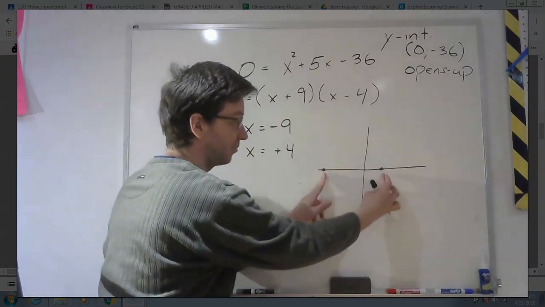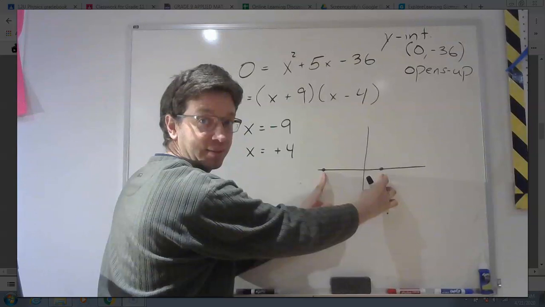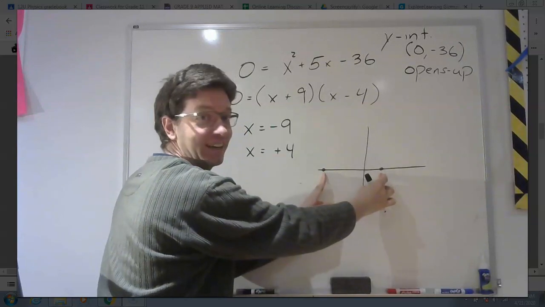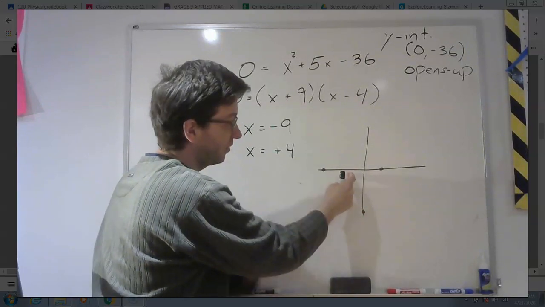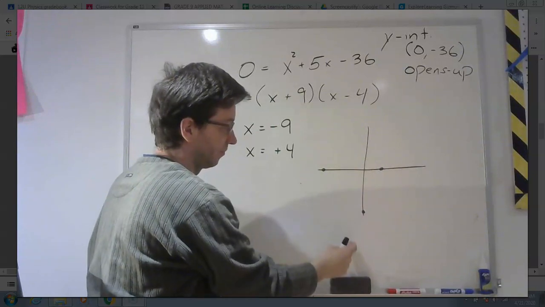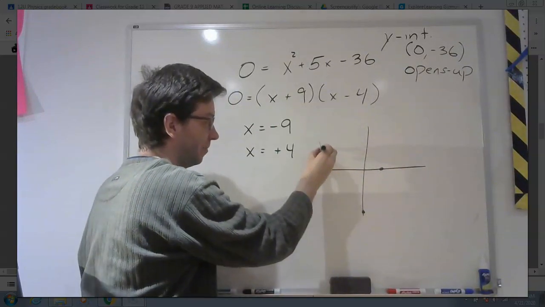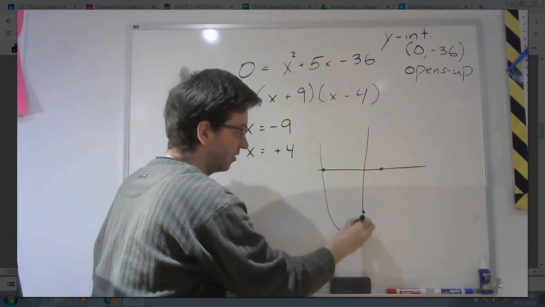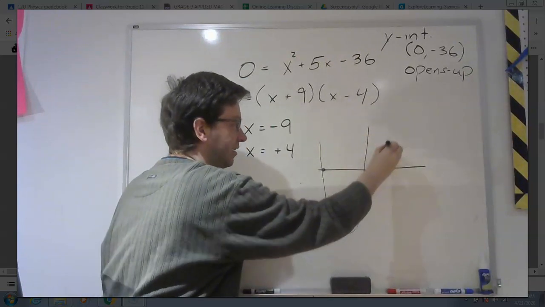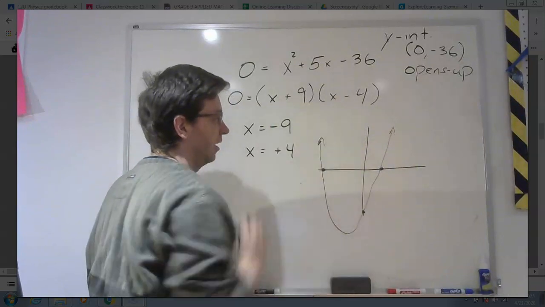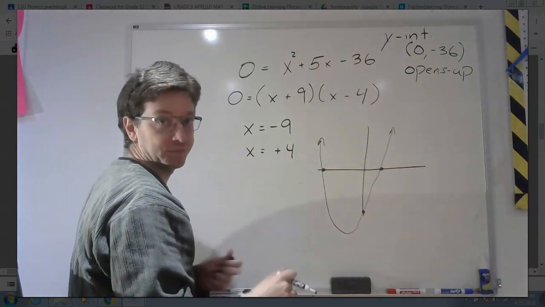Your vertex is right in between your x-intercepts, and in this case, your y-axis is not there. Somewhere over here. So your vertex will probably be down there. So we're going to open this up. Somewhere down there. Go through our intercepts like so. And there's our sketch. Alright.